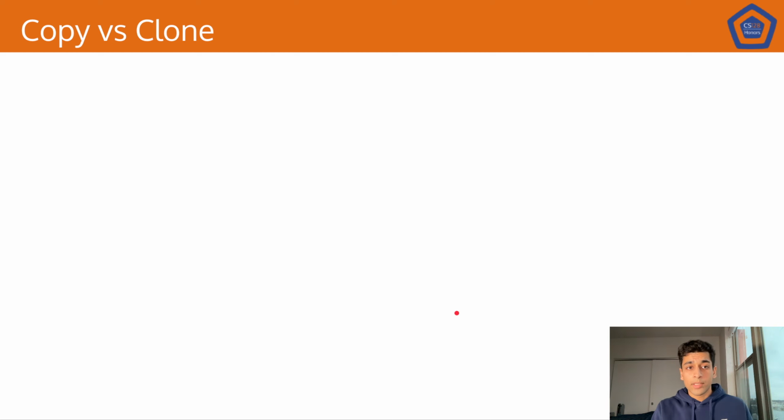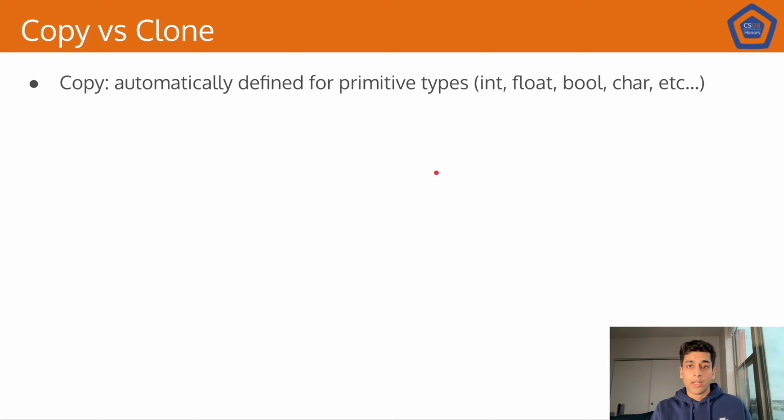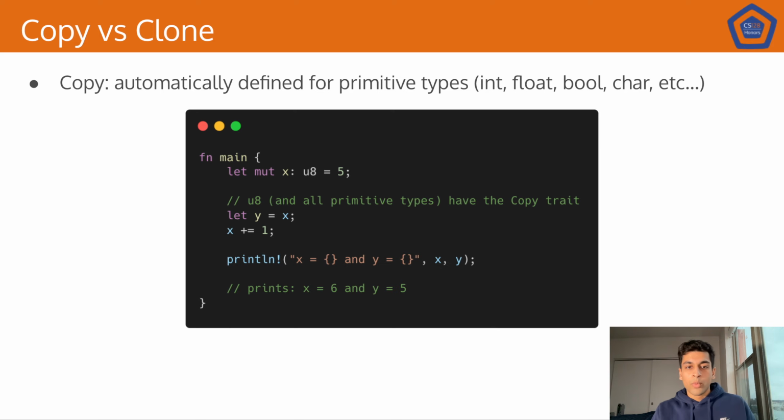Okay, and we talked about copy and clone in the last lecture. Copy is this trait that's automatically defined for primitive types, so integers, floats, booleans, characters, etc. When you have this statement let y equals x, the data is copied into a new location in memory. So you have 2 identical pieces of data, and so one variable owns the original piece of data, the other variable owns this new copied piece of data.